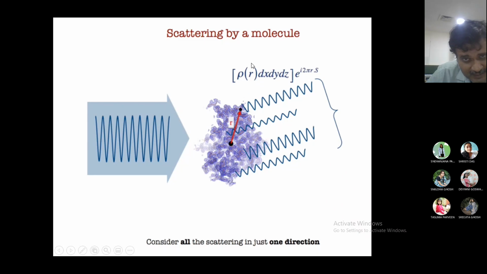So this is the electron density function, and this dx, dy, dz denotes a very tiny x, y, and z coordinate that builds up a very tiny volume in which electrons are there, and those electrons are scattering X-ray.